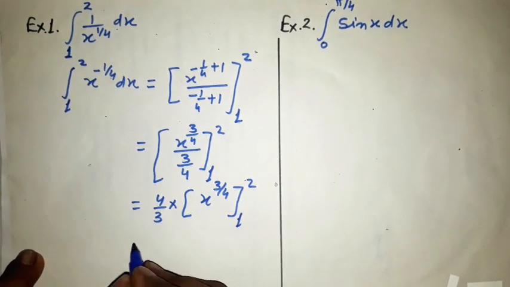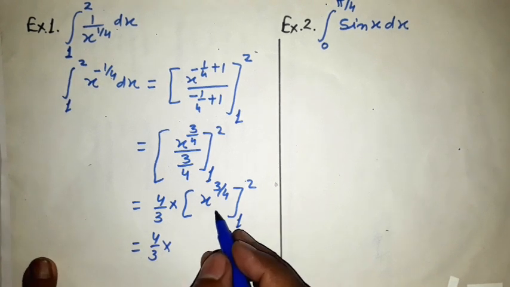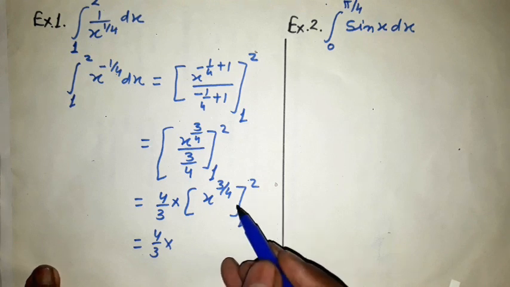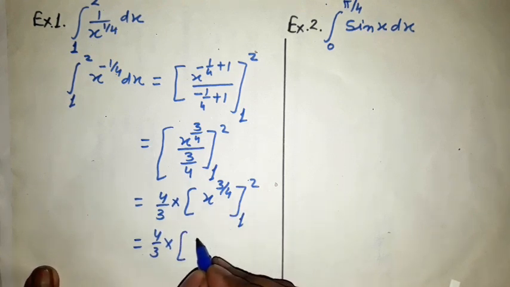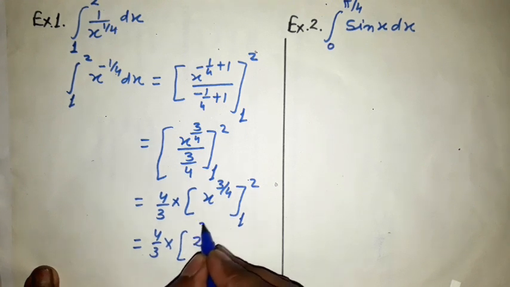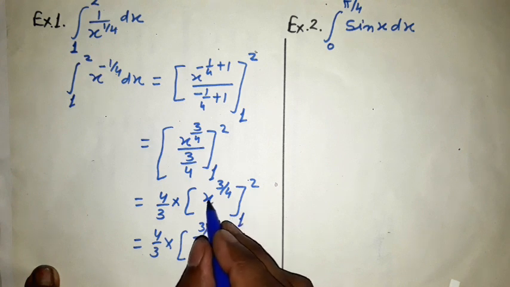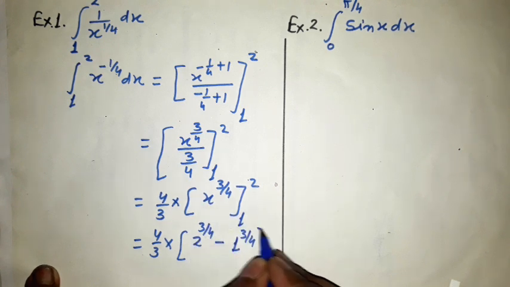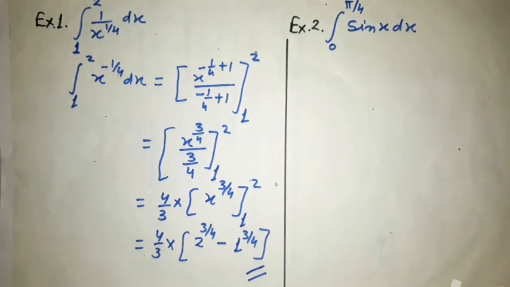Then this is 4 by 3 into, and now in place of x we have to put upper limit minus lower limit. Then we can write like this: 2 to the power 3 by 4 minus, in place of x we will write 1, then 1 to the power 3 by 4, and after solving this we will find the answer.